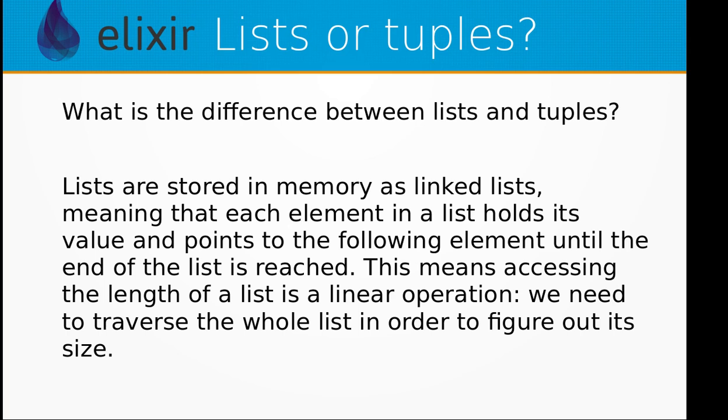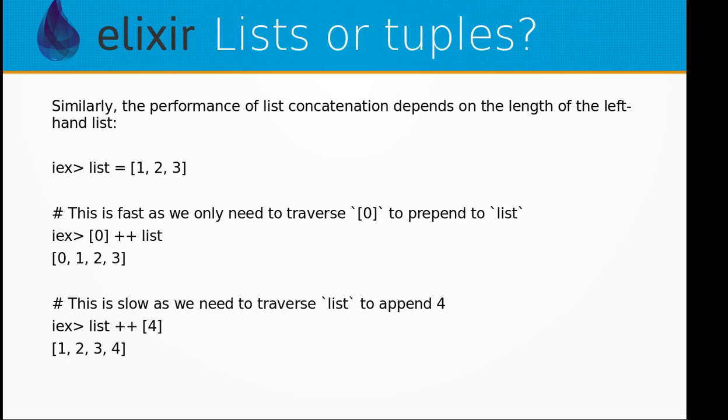We need to traverse the whole list in order to figure out its size. Similarly, the performance of list concatenation depends on the length of the left-hand list. This example is fast as we only need to traverse 0 to prepend to the list. And the below example is slow as we need to traverse the list to append 4.